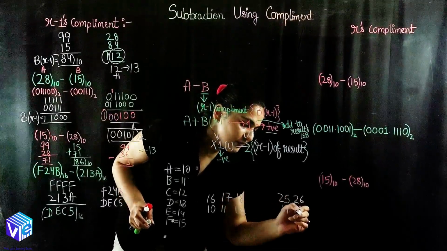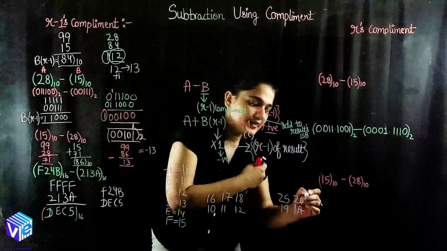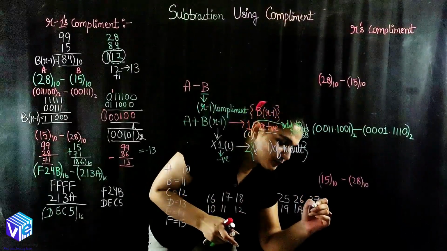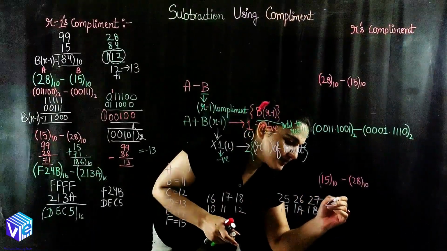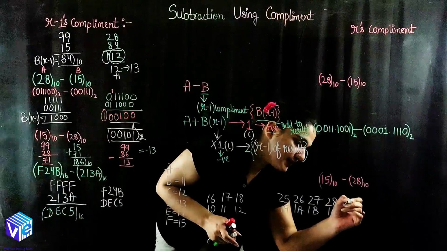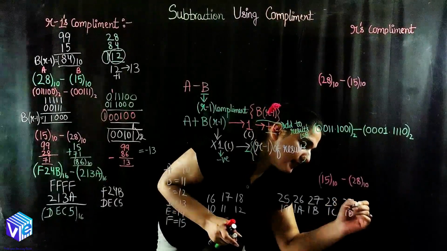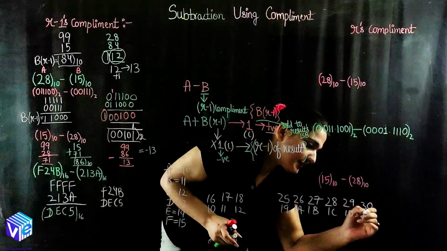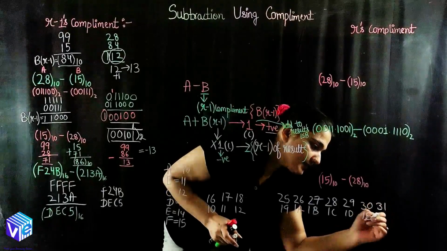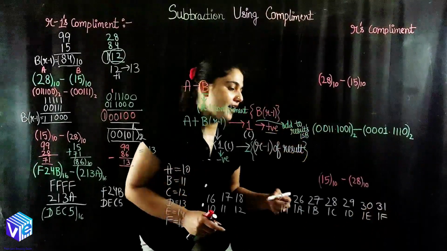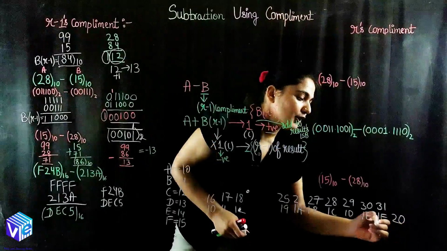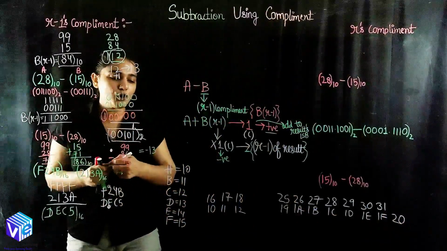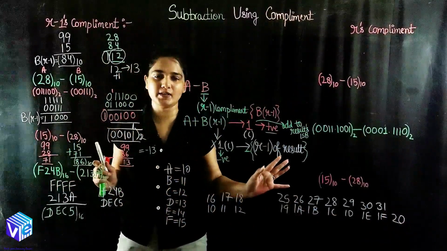So after 19 we will be having 1A. 27 is represented as 1B. 28 is represented as 1C, 29 is represented as 1D, 30 is represented as 1E, 31 is represented as 1F. After 31 we will be having 20. Okay, so this is how we have hexadecimal number system.